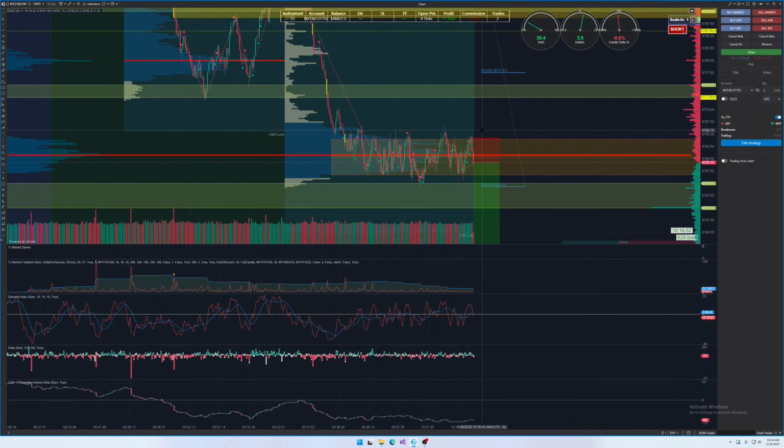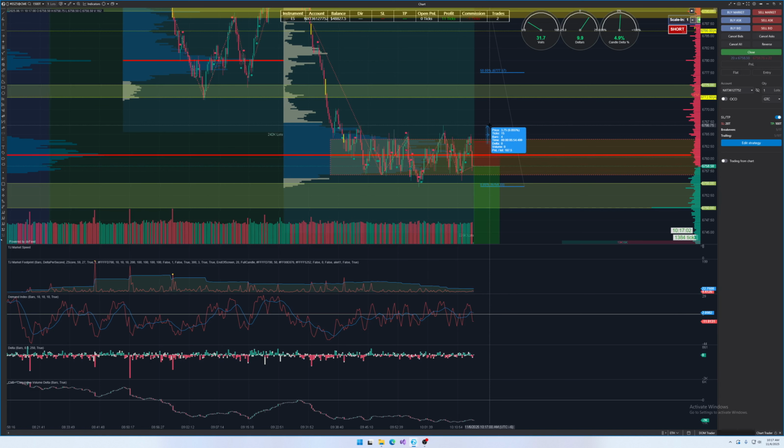That's just annoying. When you were in the trade here, at a maximum risk of 10 ticks, your stop loss was like here. And then you could have made, I don't know, 25 ticks.